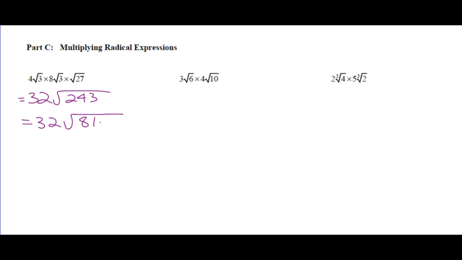So go 81 times 3, which is root 81 root 3, which is 32 times 9 root 3. And 32 times 9 is 288 root 3.